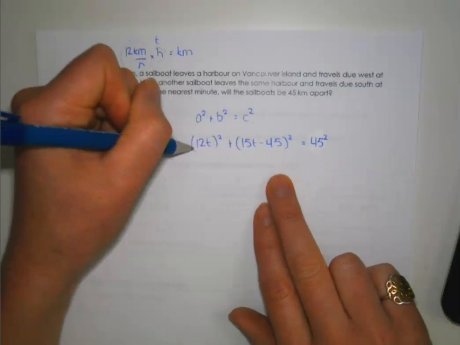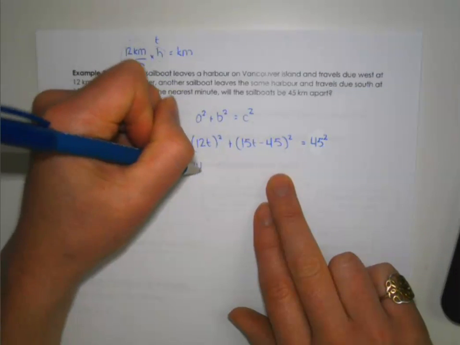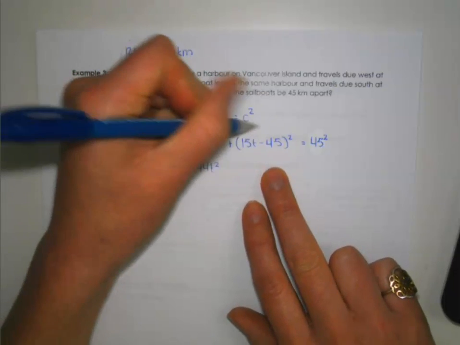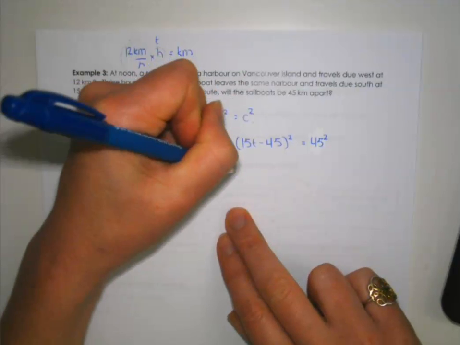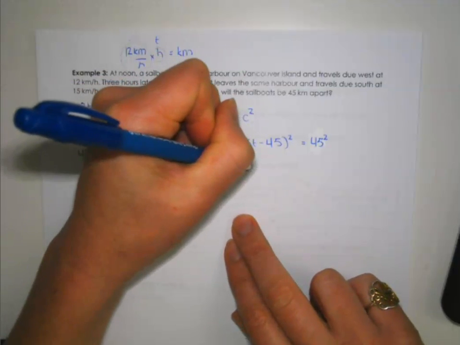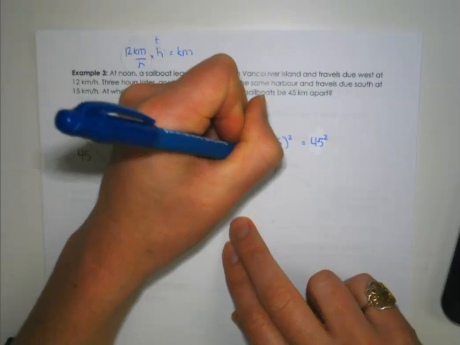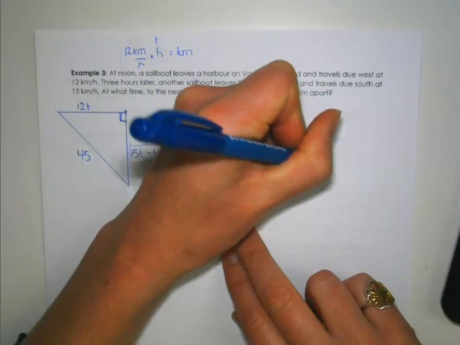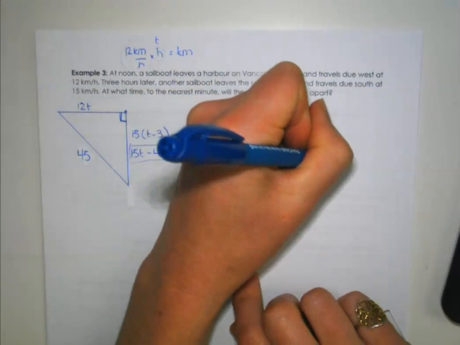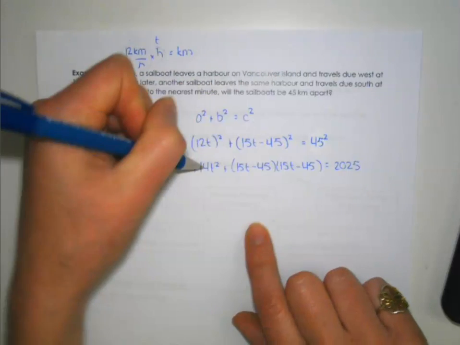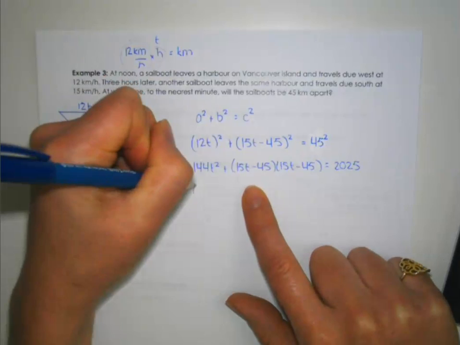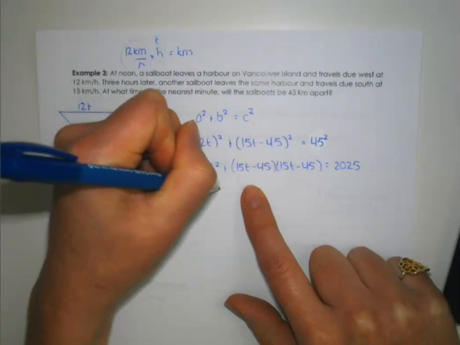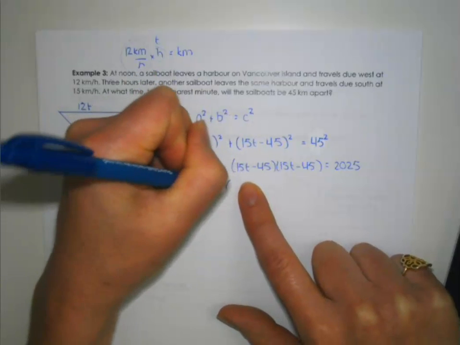So 12t squared: 12 squared is 144, and t squared is t squared. Then if we multiply this out, we have plus 15t minus 45 times 15t minus 45, equal to 45 squared, which is 2025. Let's multiply that out, and I'm going to put this all in brackets.